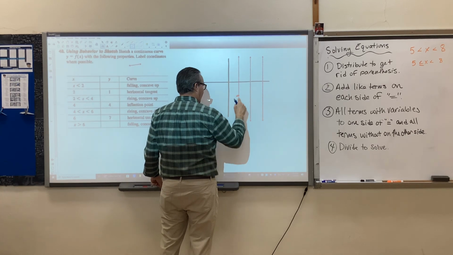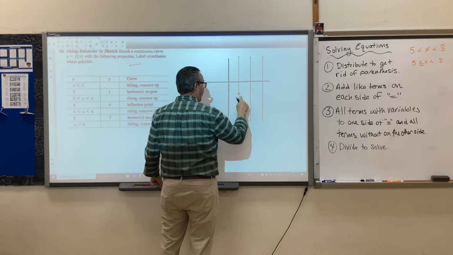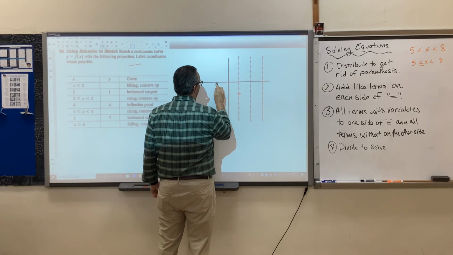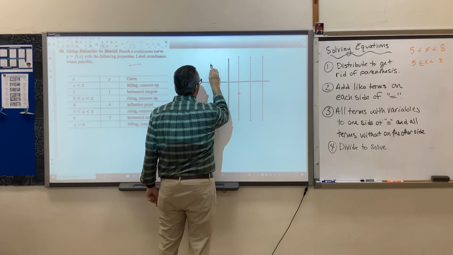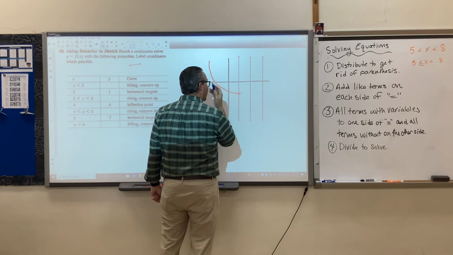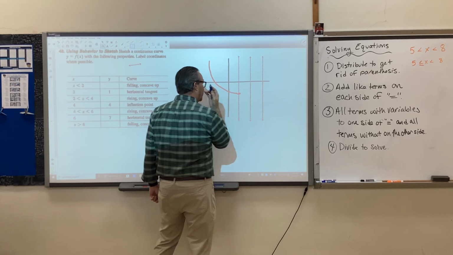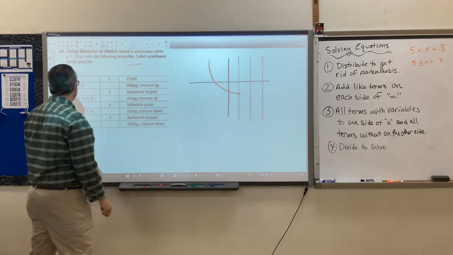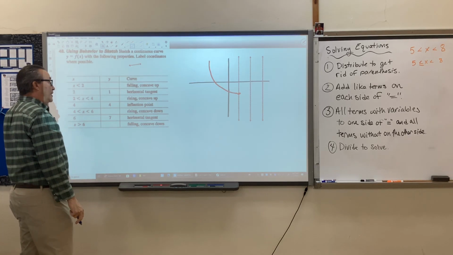At 2, horizontal. 2 to 4, rising and concave up.